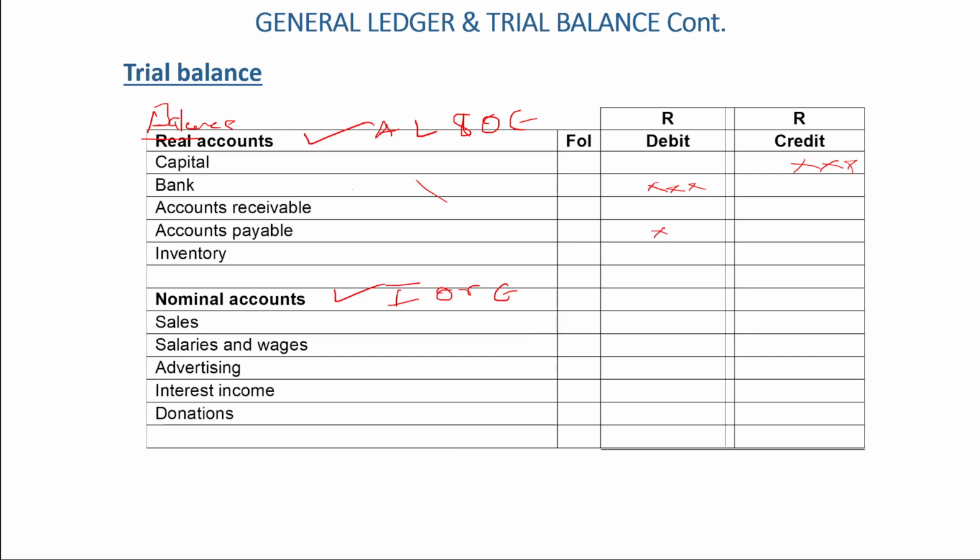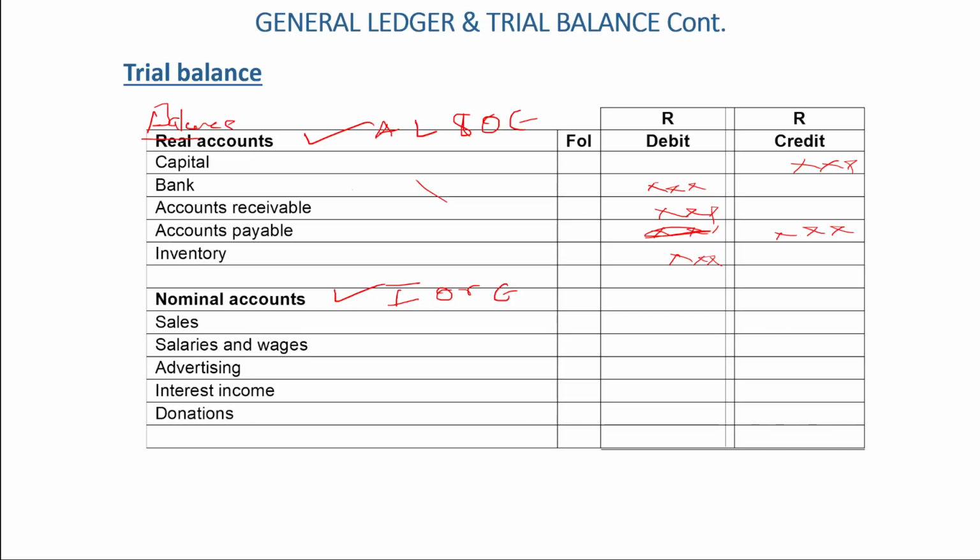Accounts receivable is an asset, so accounts receivable is over here. And then accounts payable, these are people you owe, so we expect them to be on the credit side. Inventory is an asset, so it will be sitting on the debit side.